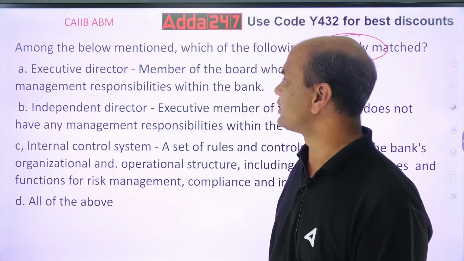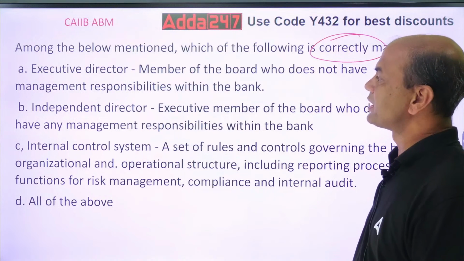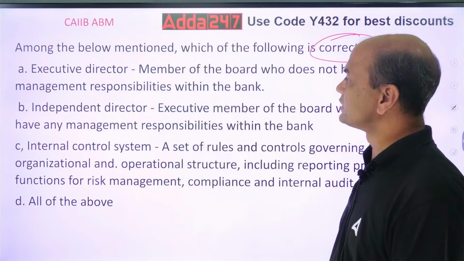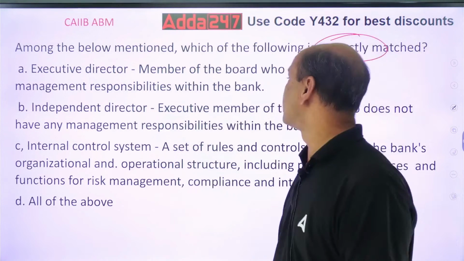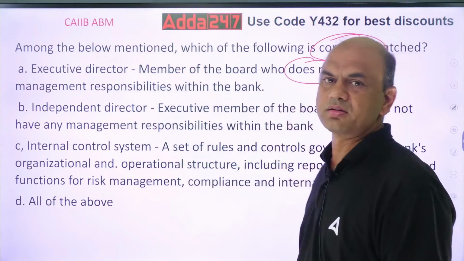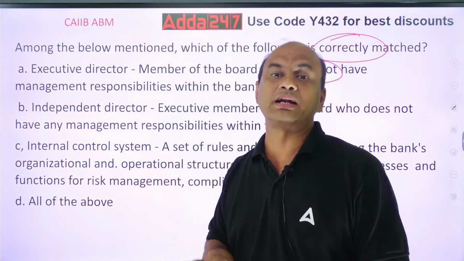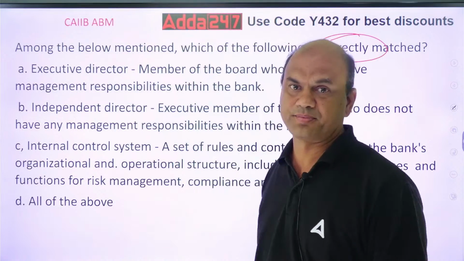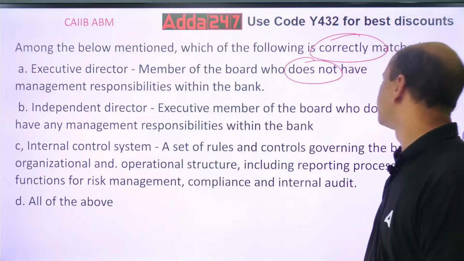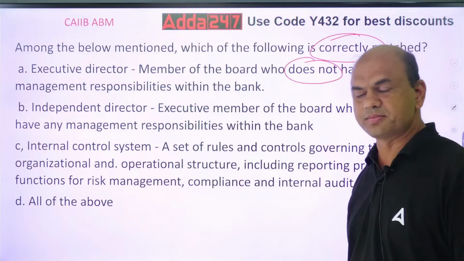So executive director means a member of the board who does not have management responsibilities within the bank. This director is not directly liable to the management. Independent director: executive member of the board who does not have management responsibilities, again the same.